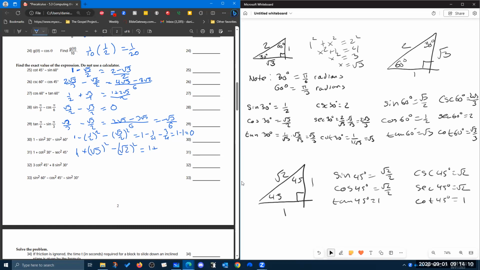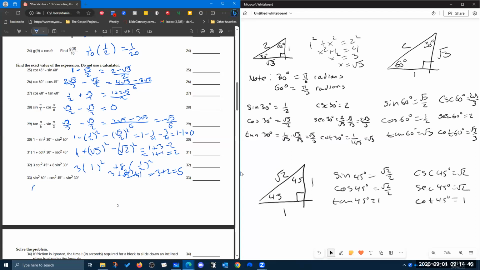It'll be 1 plus 3 minus 2. 1 plus 1 is 2. Now 3 times the cotangent of 45 degrees squared plus 8 times the sine of 30 degrees squared is going to be 3 plus 8 times 1/4. 1/4 of 8 is 2. 3 plus 2 is 5.